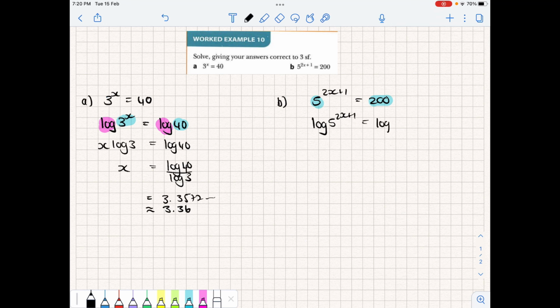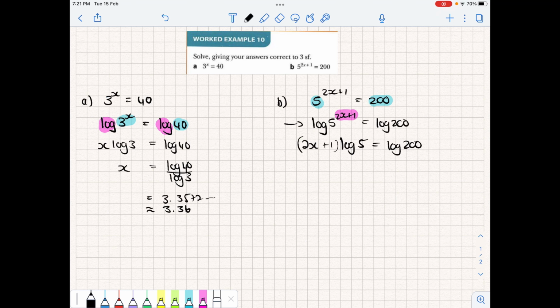Log 200. Now, intuitively, when we're doing this step, we're always going to be dropping the power down to the front using the power rule, so you can actually skip this whole line if you want and go straight to the next step, where we drop the exponent down to the front. This is then (2x plus 1) log 5 equal to log 200.